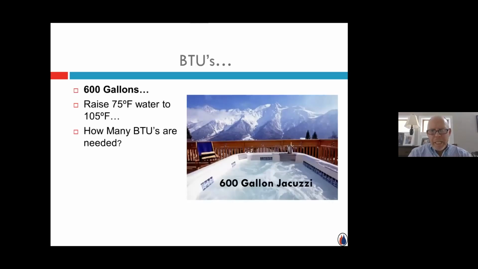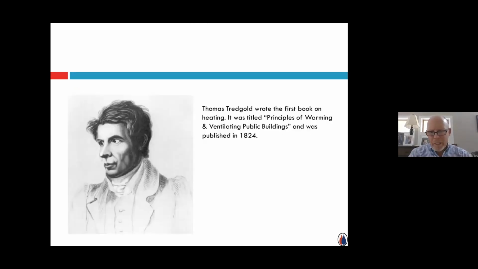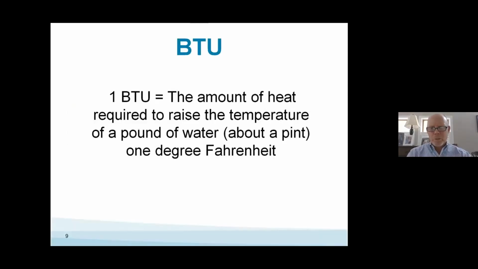So he came up with the expression. He's from England, so he called it a British thermal unit. A British thermal unit was to take a pint, which was a pound, of 62 degree water and increase its temperature to 63. He said, I wanted to come up with an expression to describe that additional energy, or that change in temperature.